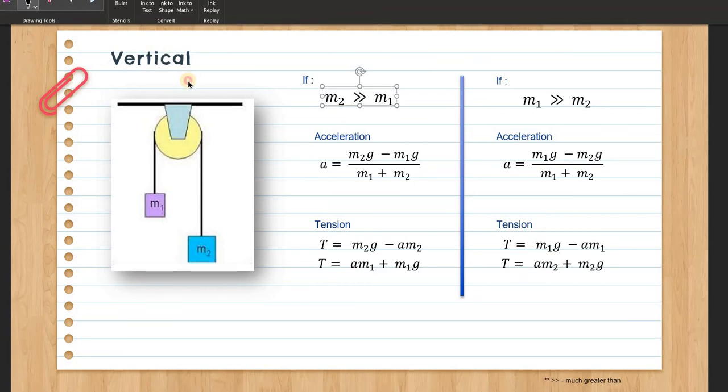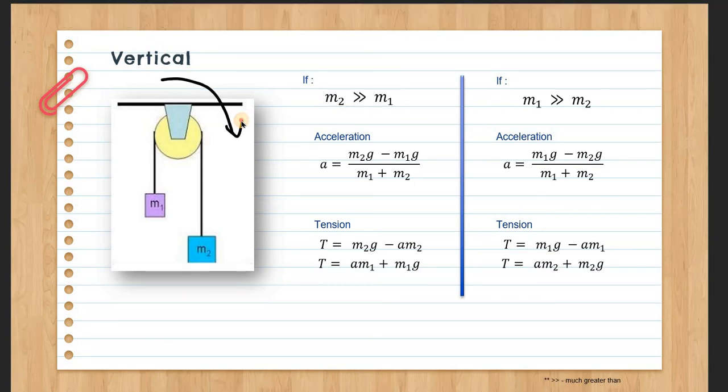So, kapag ka ganun, so it will be moving towards M2. Right? So, this will be your equation. Acceleration is M2G minus M1G over M1 plus M2. And then, you have the equation for tension. Although dalawa to, you can just have 1. Okay? Anyway, it will give you the same answer. So, ayan lang din siya.